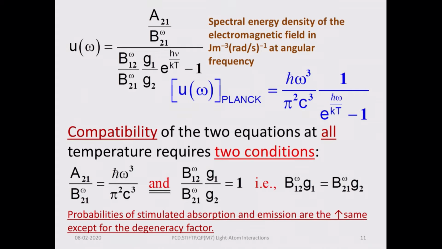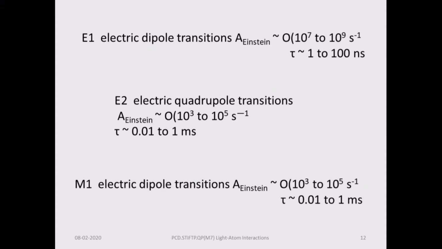So, you have this relationship, and you have the corresponding lifetimes for different kinds of processes, and if you consider transitions which we call electric dipole transitions or quadrupole transitions, you have different lifetimes. These are typical lifetimes.